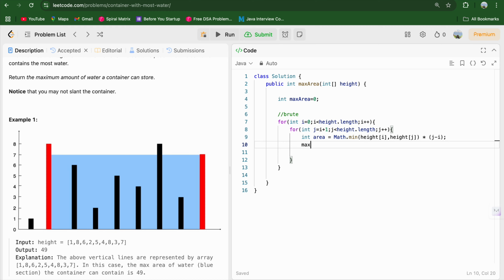Okay, let's calculate the max area. And we just need to return that.